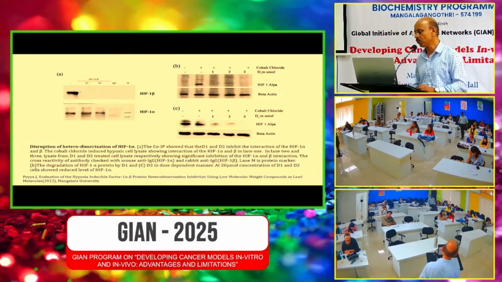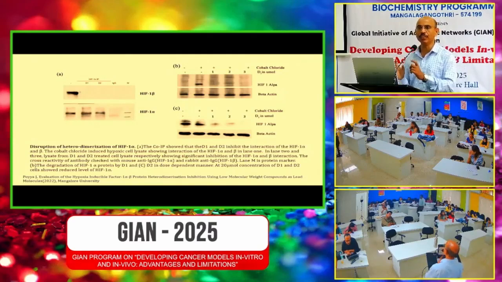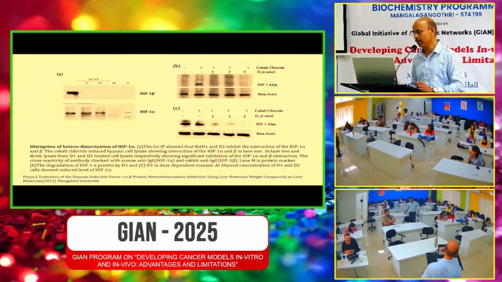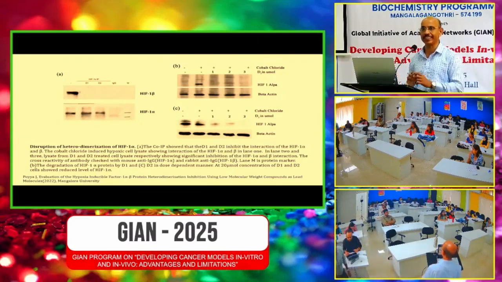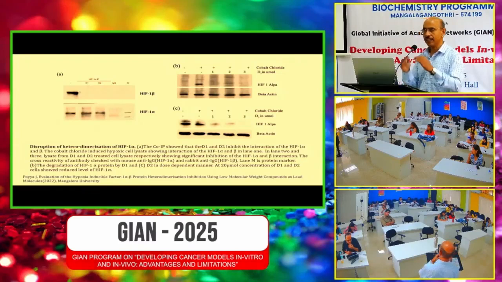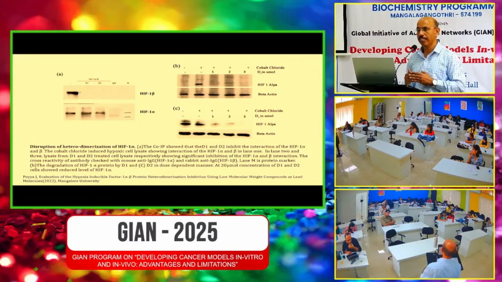We found that cobalt chloride could induce the same effect, and we used that and studied what happens to HIF1 alpha expression when we treat the cells. We found that whenever we treated the cells with the D1 or D2 drug, the expression of HIF1 alpha was coming down, indicating that whatever we hypothesized is actually working out.